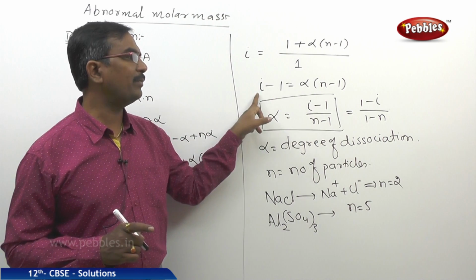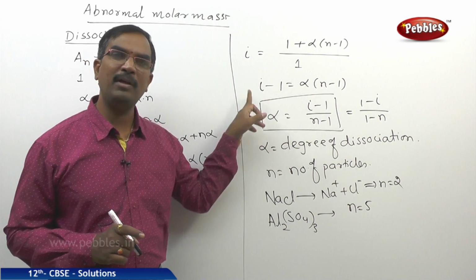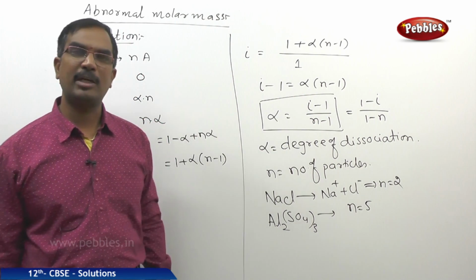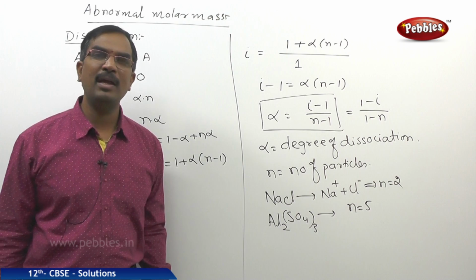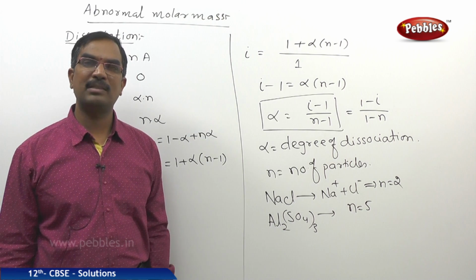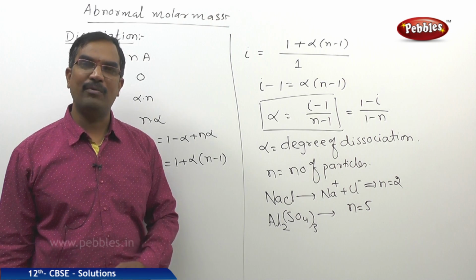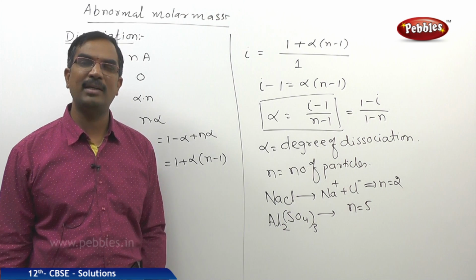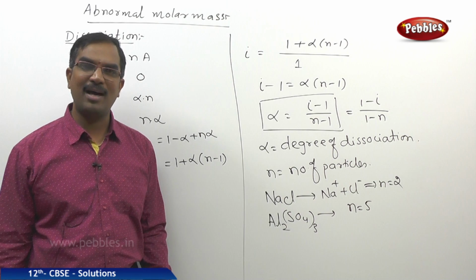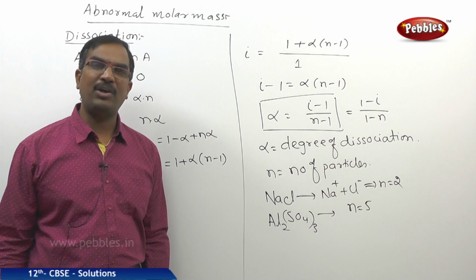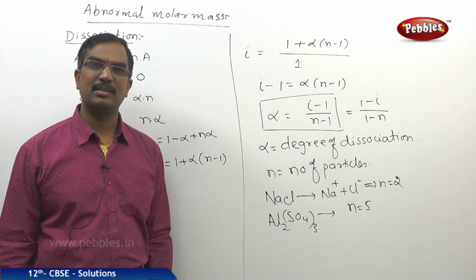Therefore, i minus 1 becomes equal to 0, or simply i is equal to 1. That means there is no chance for an abnormal molar mass of the corresponding solutes. So the conclusion is, whenever we use any non-electrolyte, there is no abnormal molar mass.